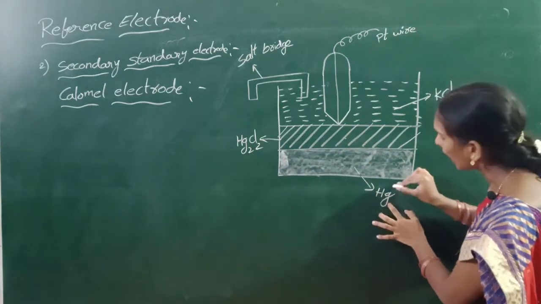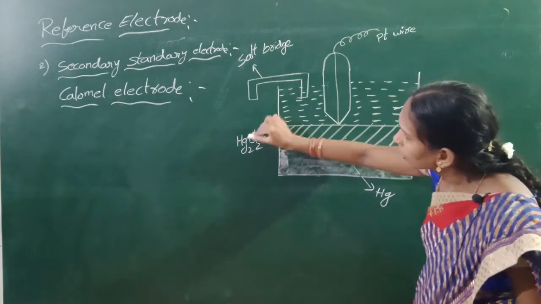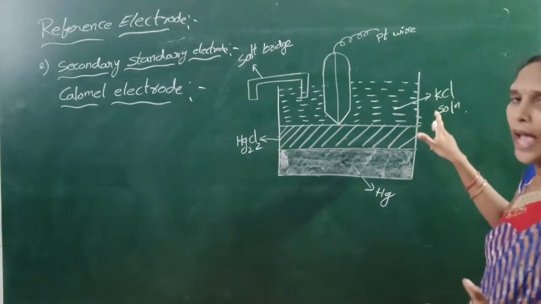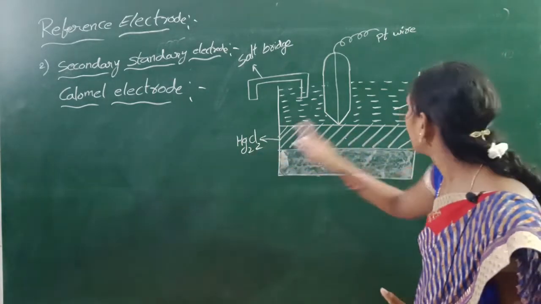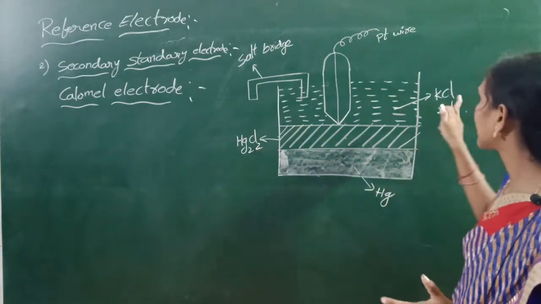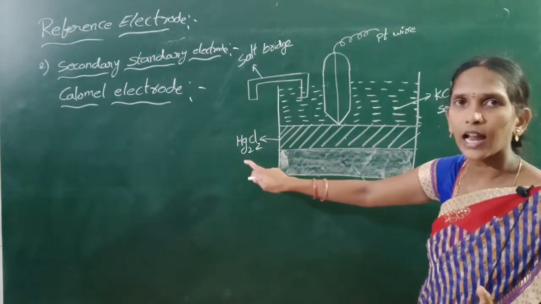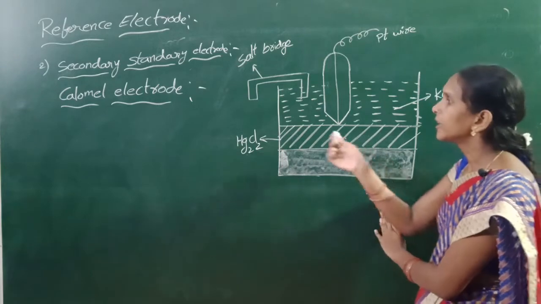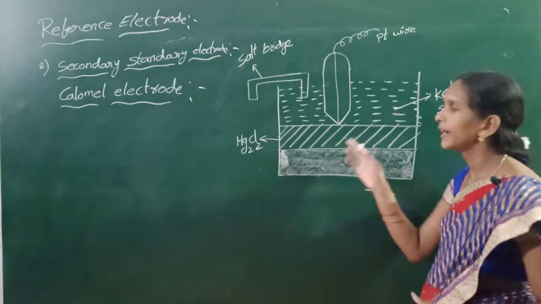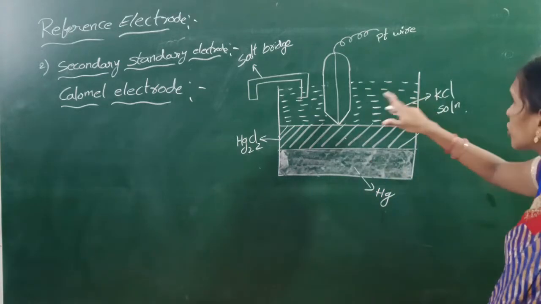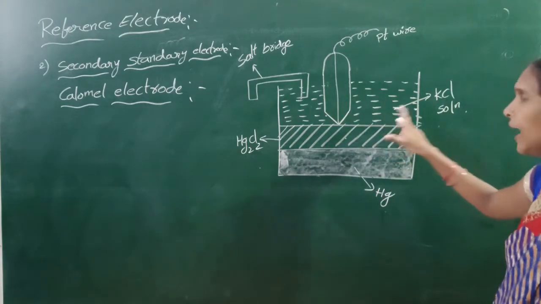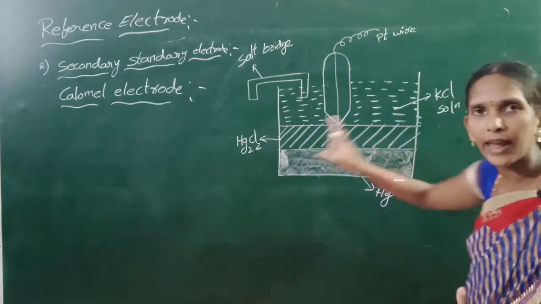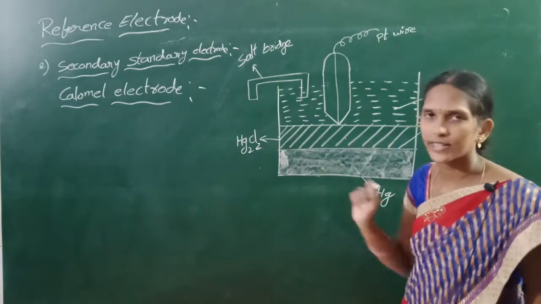It is dipped in a solution having the same anions as the metal salt, a KCl solution, with Cl minus as the same anion.